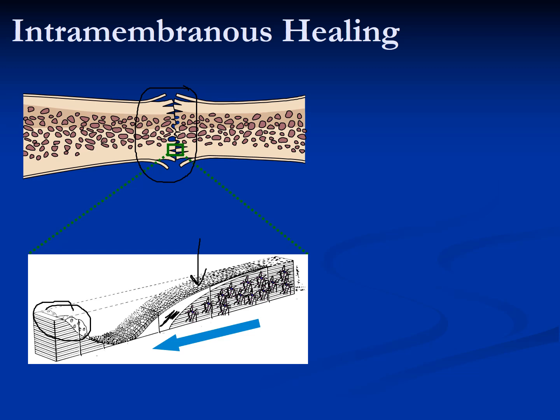The osteoclasts come in and they start chewing up all the edges, clearing out all the debris, so that way the osteoblasts have a nice surface to ride on, and they just go across the gap from one side to the other, and the thing just zips right up. So the osteoblasts make bone, and they go right across this thing. That's it, it closes. That's all there is to it.